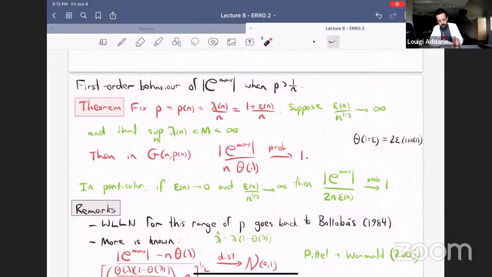This would tell us that for p constant lambda over n, we'd have a law of large numbers, which says that the largest component occupies a proportion theta(lambda) of all of the vertices.